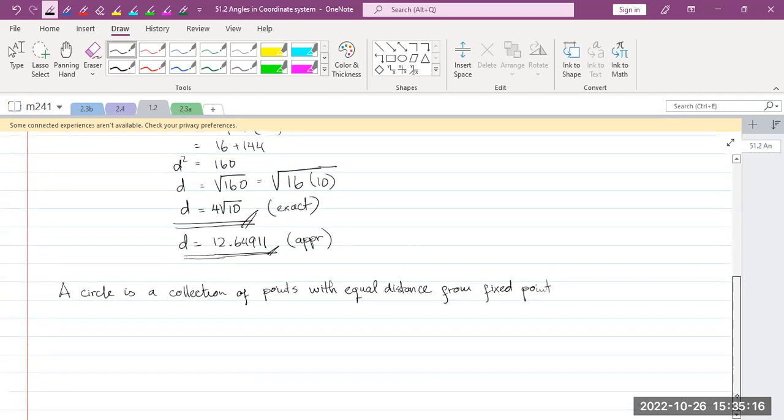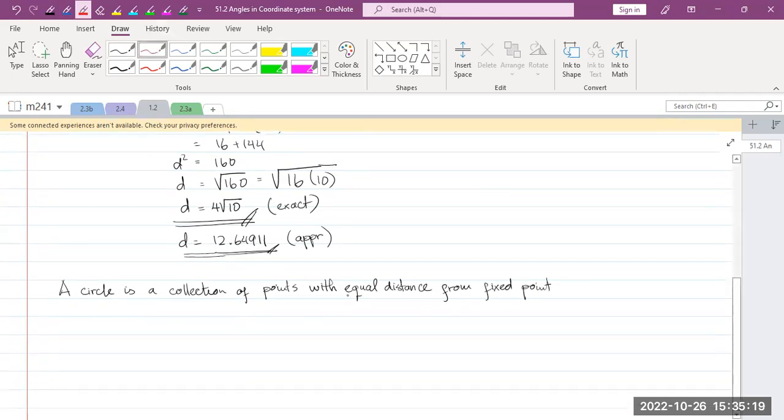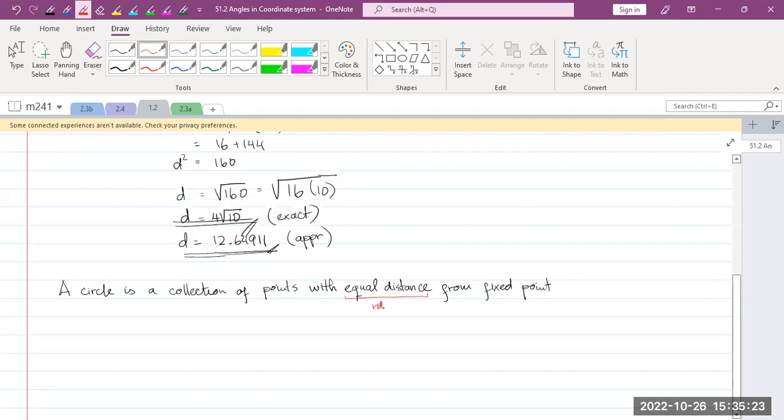The equal distance here, we usually call the radius, and the fixed point here, we usually call the center.